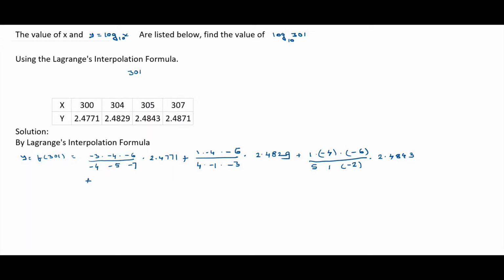I will close the last value of x, that is 307.